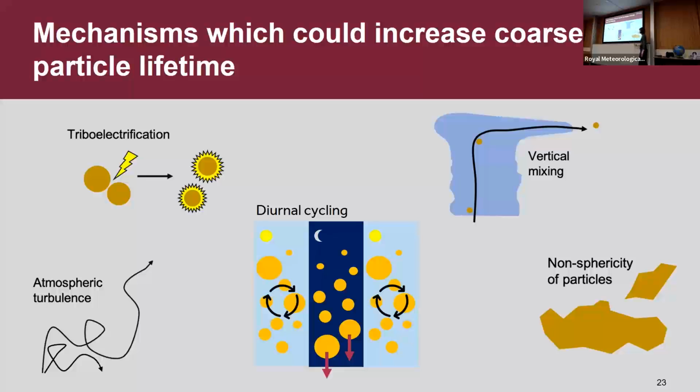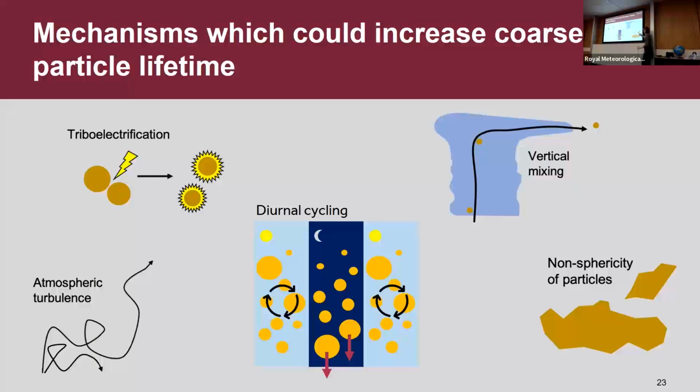Then there are things like non-sphericity of particles. I think all climate models represent dust as perfect spheres, and they're really not. They might be something more like this, and you can imagine that might fall in a very different way to a sphere.